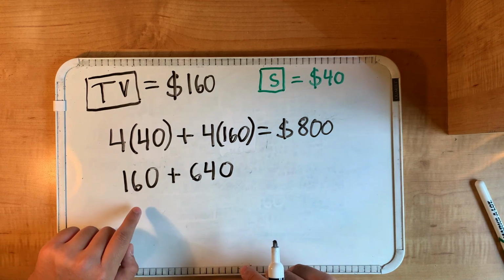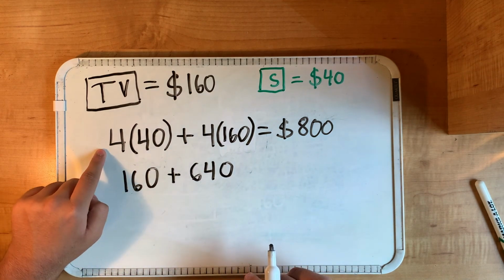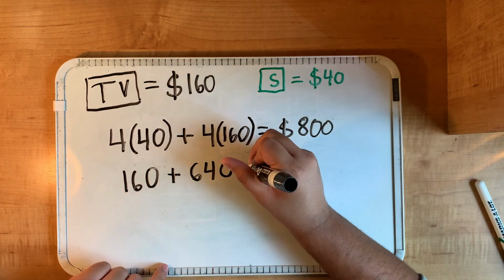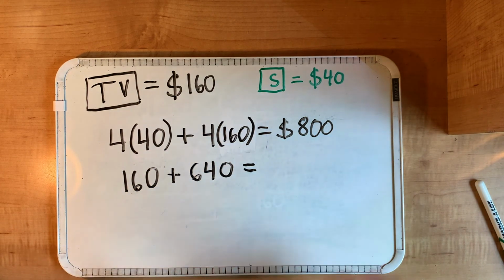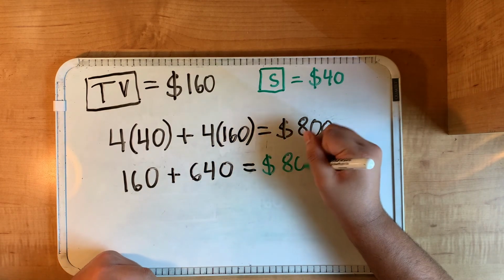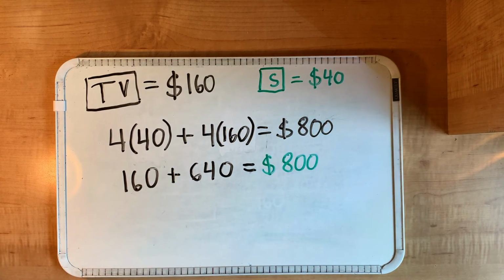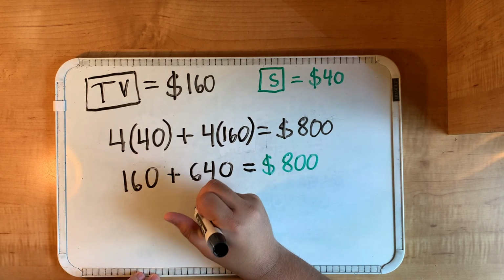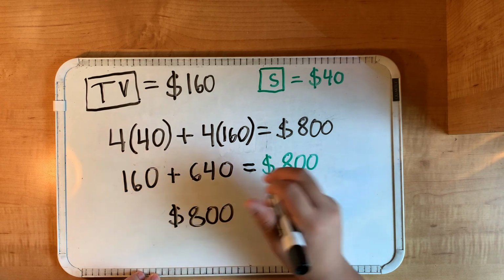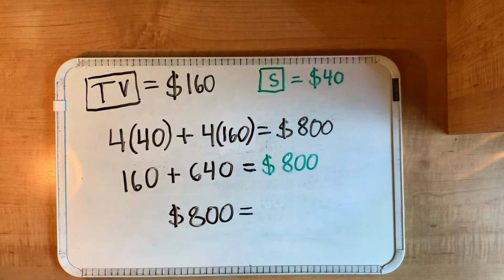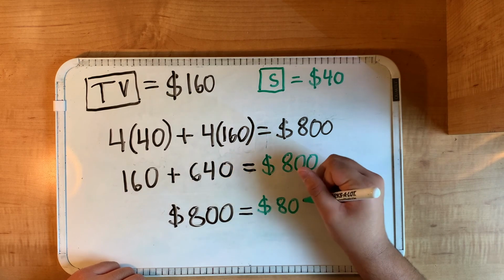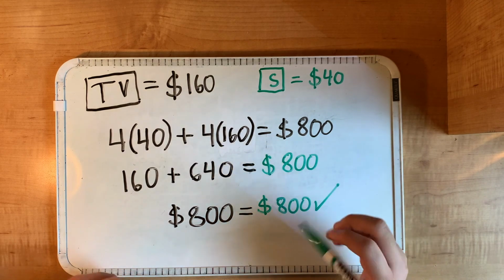So we spent a total of $160 on 4 speakers and $640 on 4 TVs. But does that equal $800? Well, 160 plus 640 is $800. And we spent $800. So that's how you know our answers are correct.